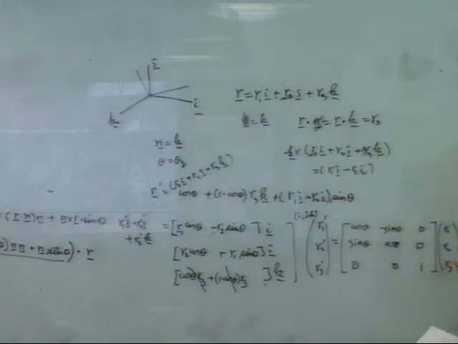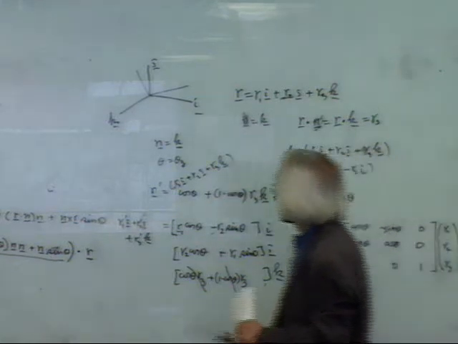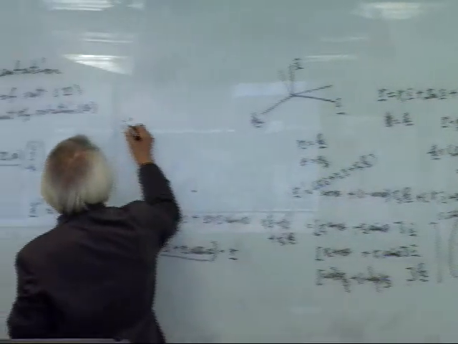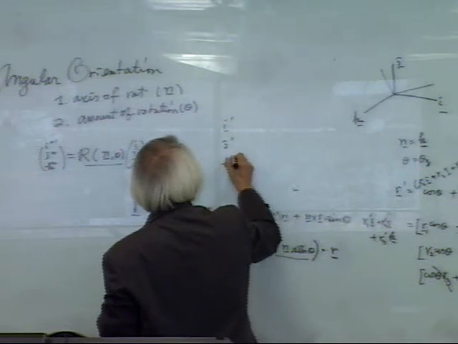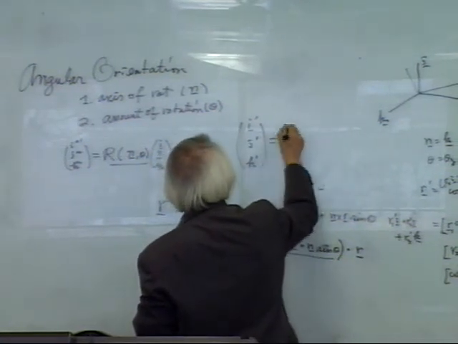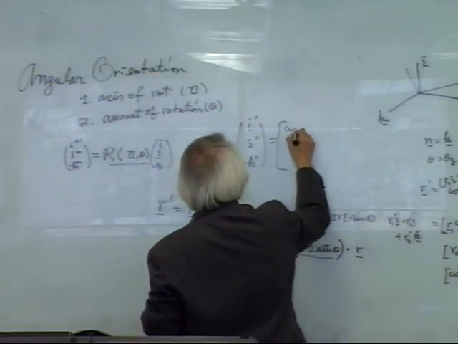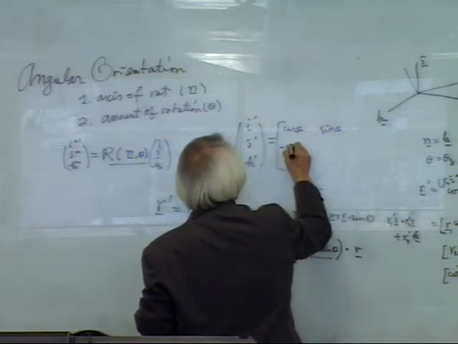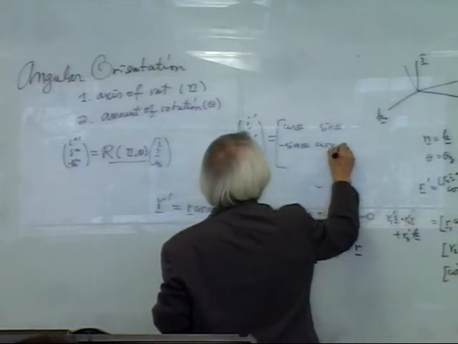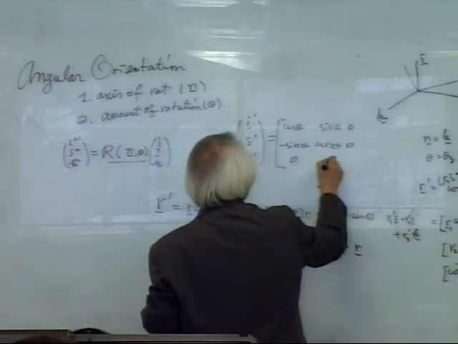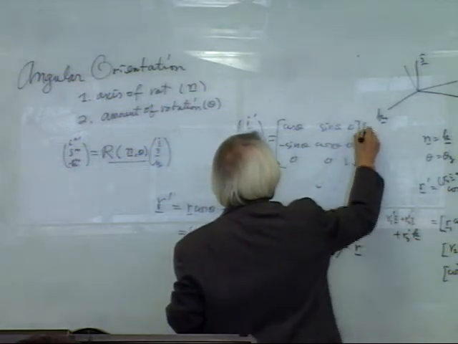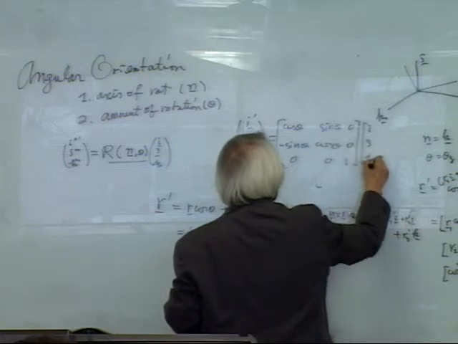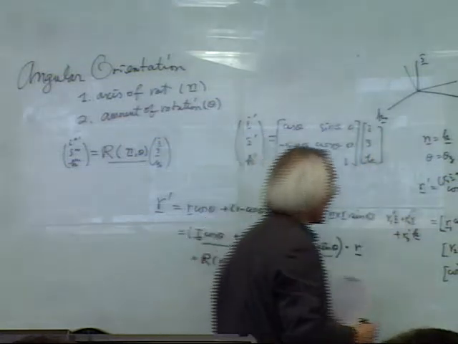Now, it looks different from what we did. What we did was I prime, J prime, K prime was the following: cosine theta, sine theta, 0, minus sine theta, cosine theta, 0, 0, 0, 1, times I, J, K. Okay?